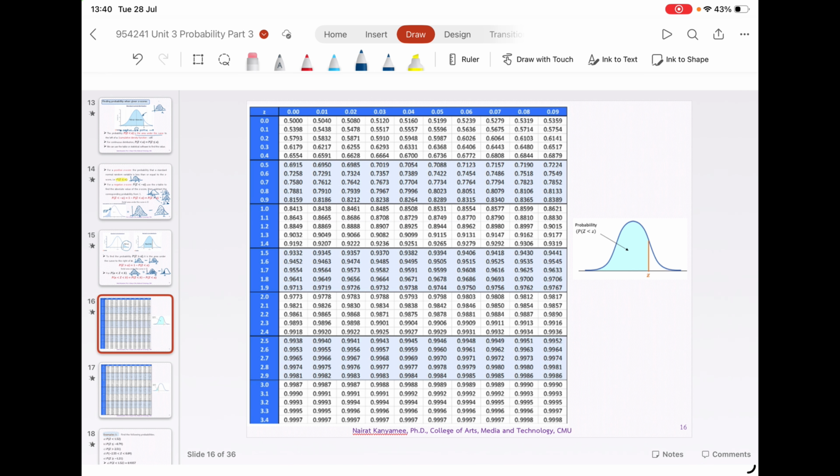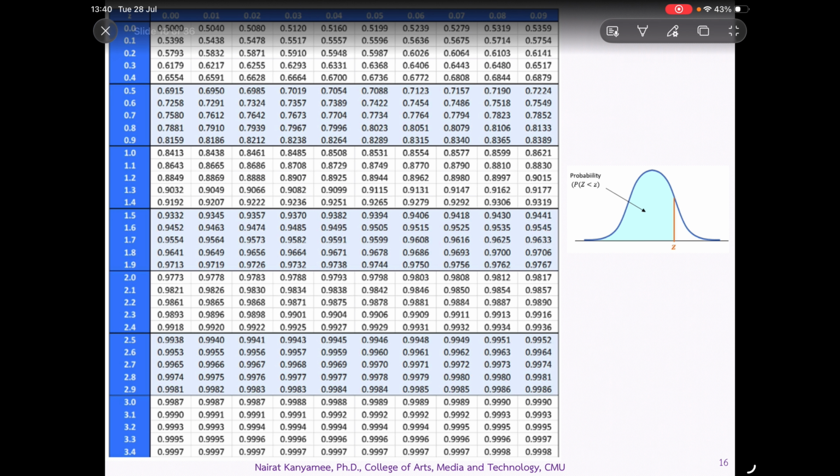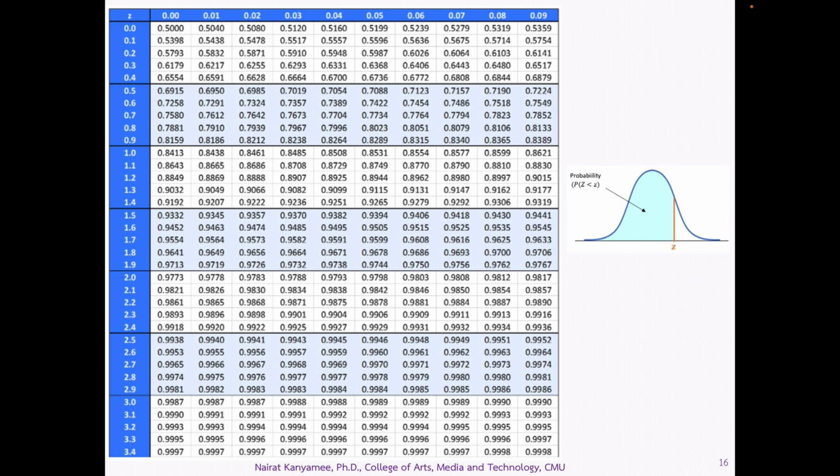Now, here is an example of the standard normal distribution table. So the table comes like this. Here is z, the value of z. The left column is the value up to 1 decimal place, for example 0.2 or 2.0 here, and you read the second decimal place from the top.